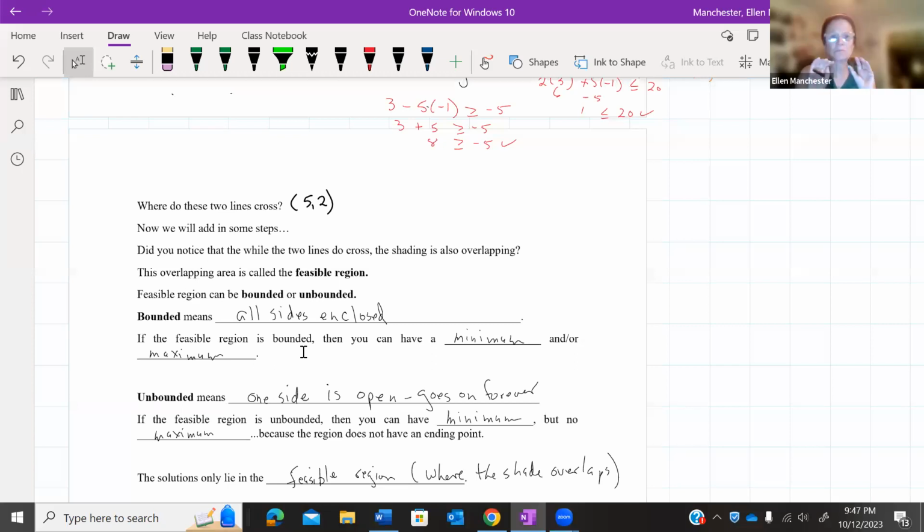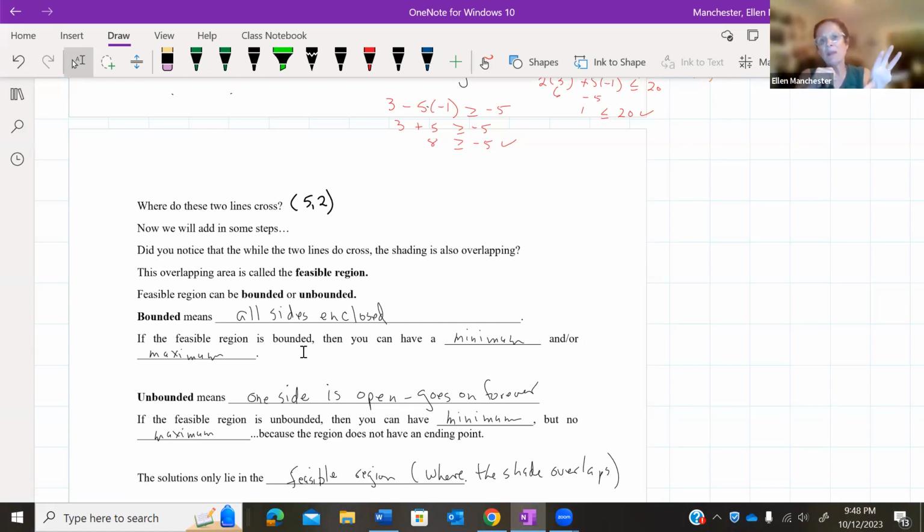If it's unbounded, that means you can have a minimum, but you can't have a maximum, because the shading is going forever and ever. So that's the biggest difference you have to pay attention to: is my feasible region bounded or is it unbounded?